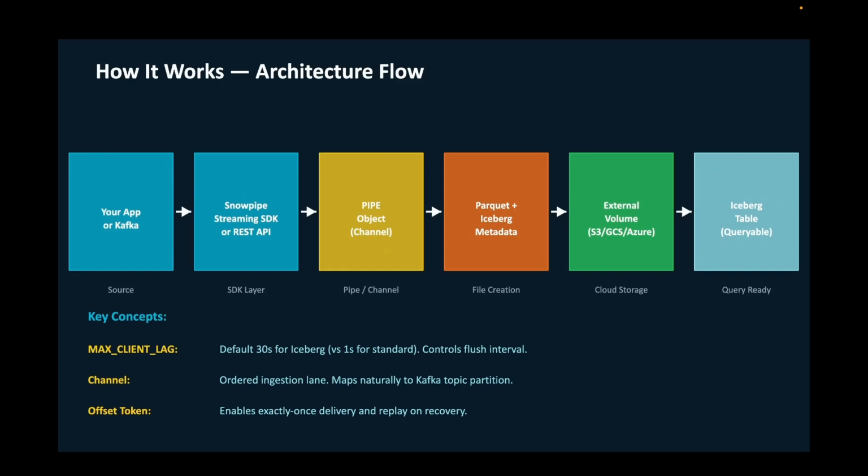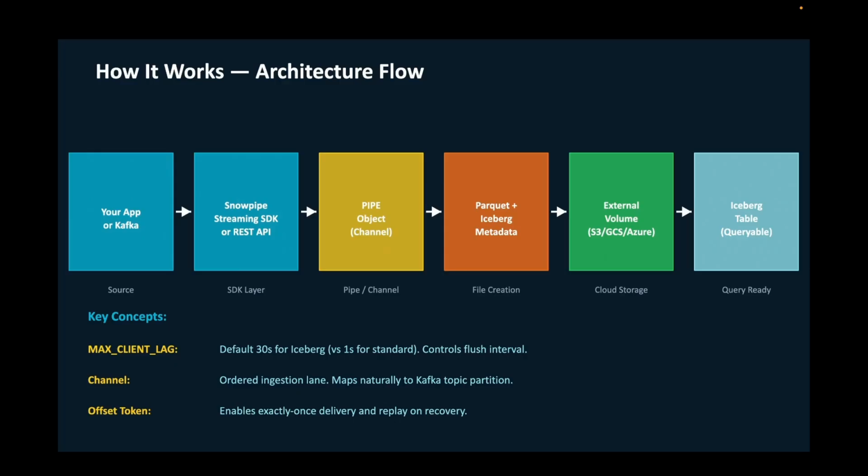Why would you use max client lag? It is to control the flush interval, which means if Iceberg is the target, you're saying, hey, wait until 30 seconds, get all of the data, and write into the target. When you write, you're actually accumulating some data for those 30 seconds and writing it.